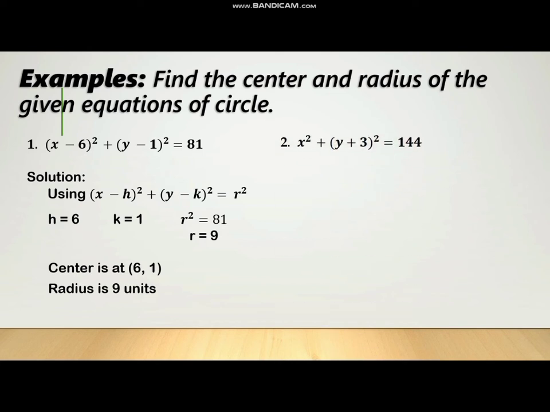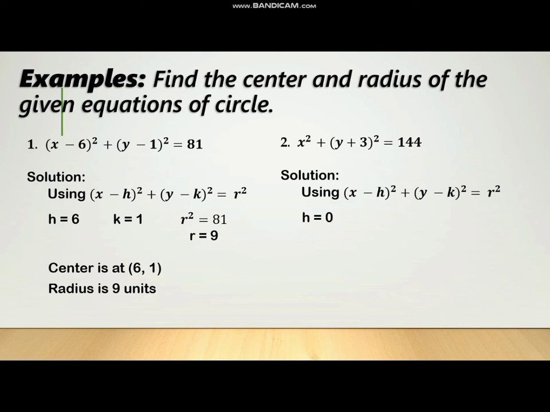For number 2, x squared plus the square of y plus 3 equals 144. So the same formula, the square of x minus h plus the square of y minus k equals r squared. So, yung y natin ay plus.